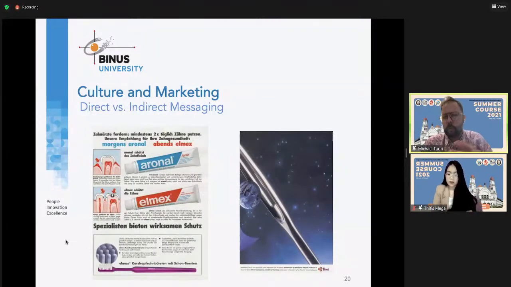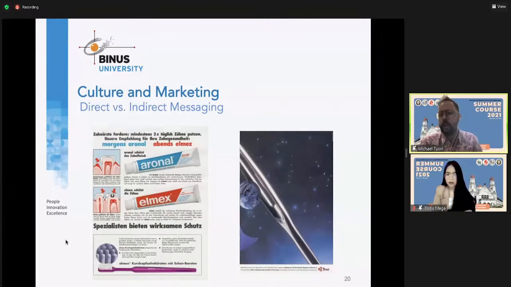Indonesia is somewhere between these two. It's not super direct like Germany, and it's not super indirect like Thailand, somewhere in between. So probably neither of these ads is very suitable for Indonesia. You can have direct and serious, like the advertisement from Germany, or you could have direct and humorous.